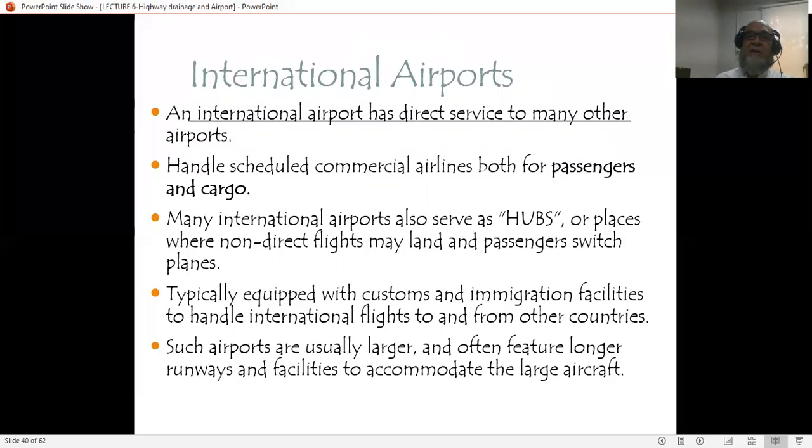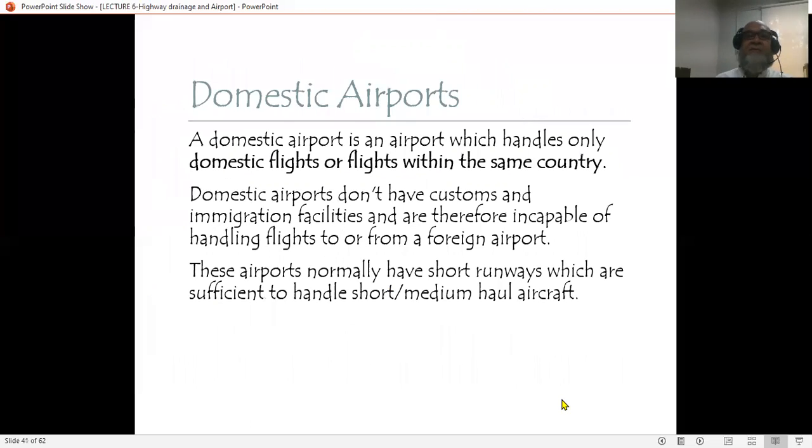You don't come directly home. But for the airline industry, they earn more profit from this service. So typically, international airports are equipped with customs and immigration facilities. Such airports are usually larger, and feature long runways and facilities to accommodate the larger aircraft.